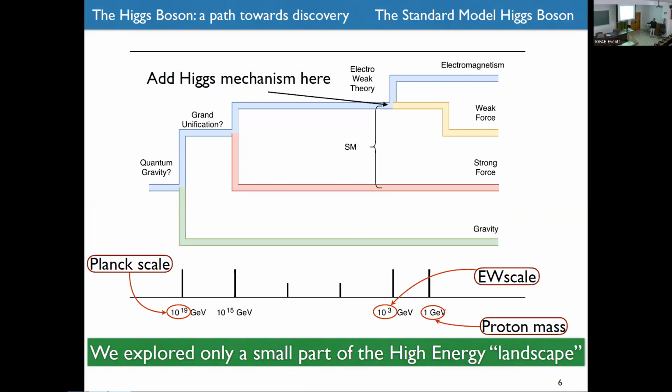Now, what is in between? Well, we have no idea. There could be a desert and there could be only the standard model up to here, or there may be some new physics. So part of the role of the LHC is to try to gain some information.